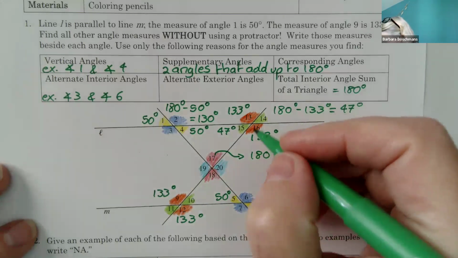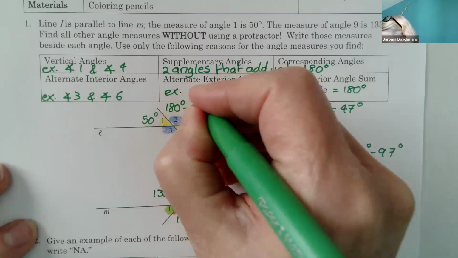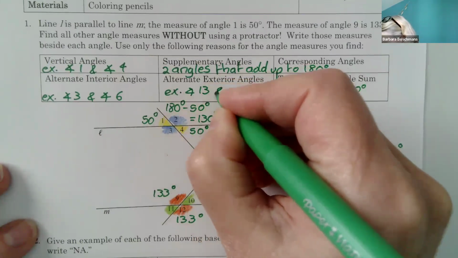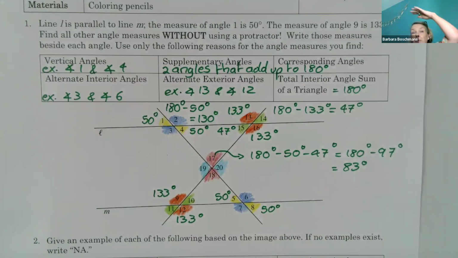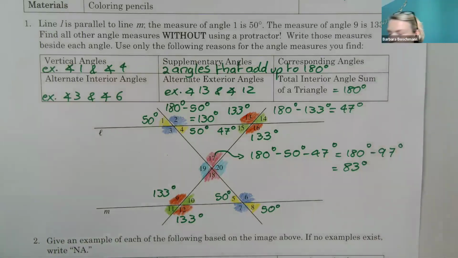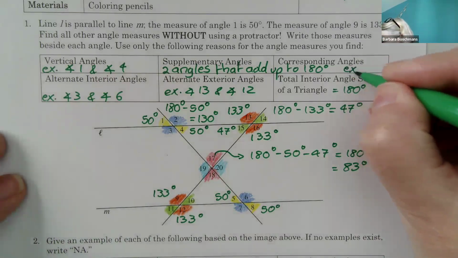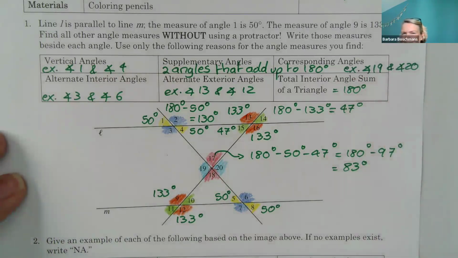Alternate exterior angles could be 13 and 12. So they are on the outside, the exterior, of those parallel lines. And then corresponding angles are any angles that you colored in the same color. So we can say, for example, angle 19 and angle 20.